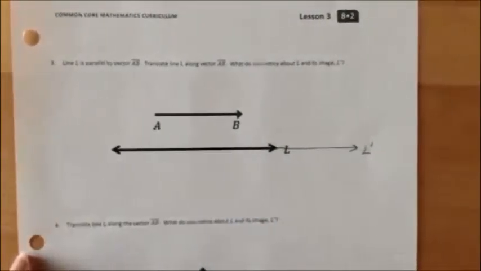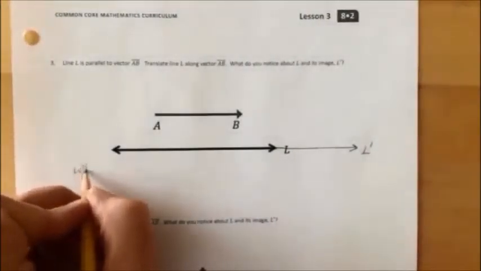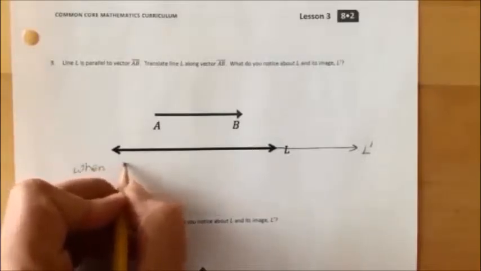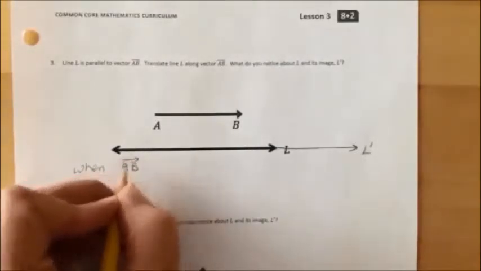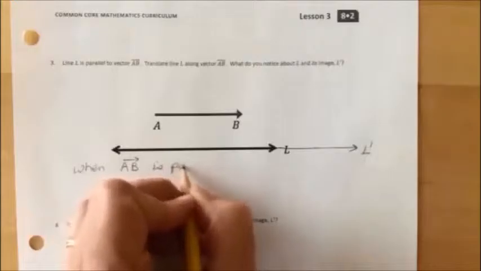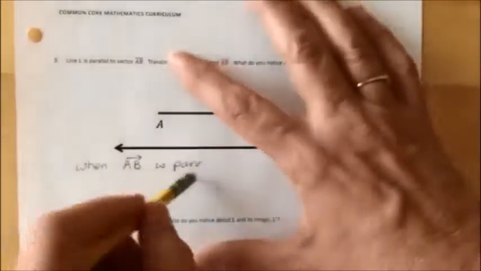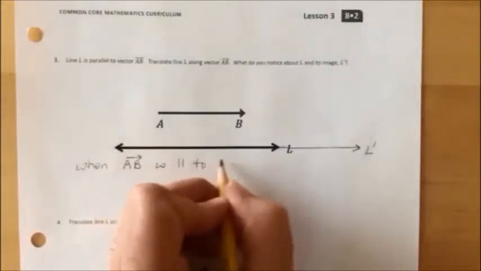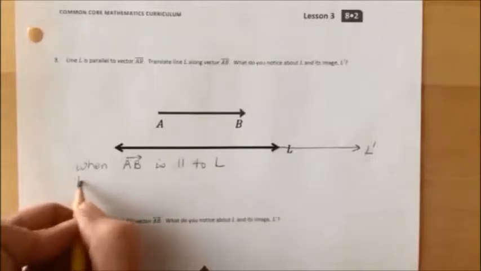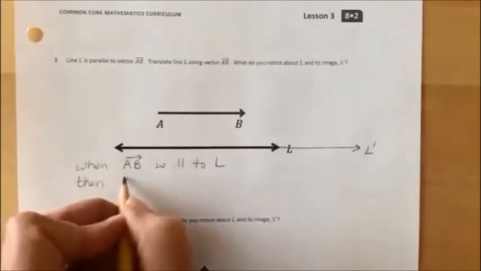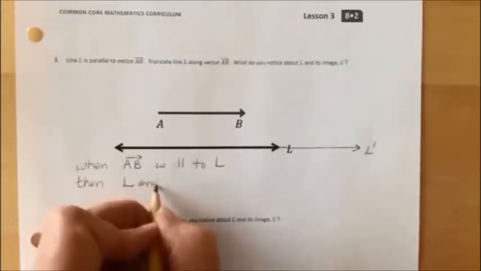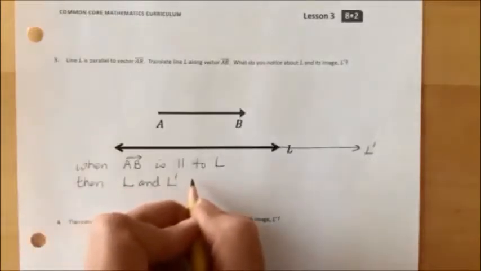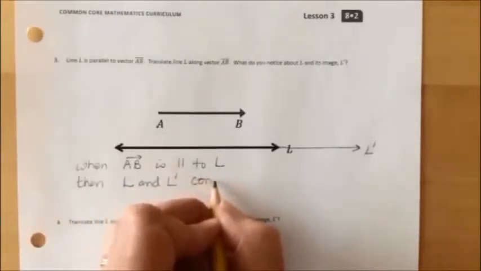When the vector that I'm translating along is parallel to my line, then L and its image, L prime, also coincide.